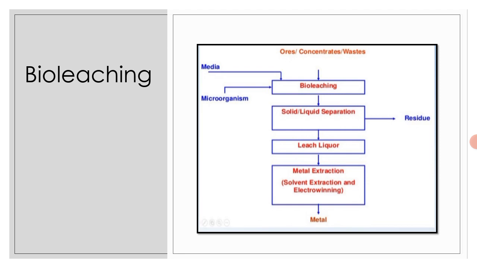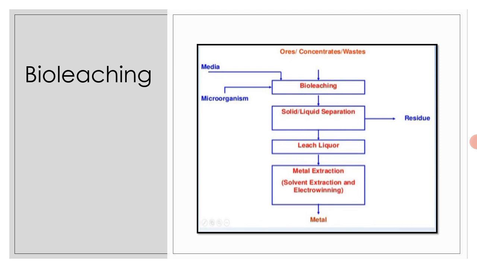Now the ore, concentrates or the waste are processed for bioleaching. In this bioleaching we are inoculating our microorganism, that is the Thiobacillus species in most cases. Majorly the Thiobacillus species can also be called Acidithiobacillus.